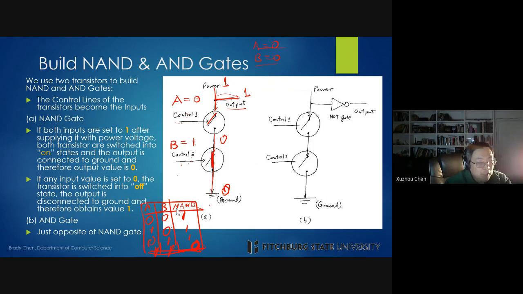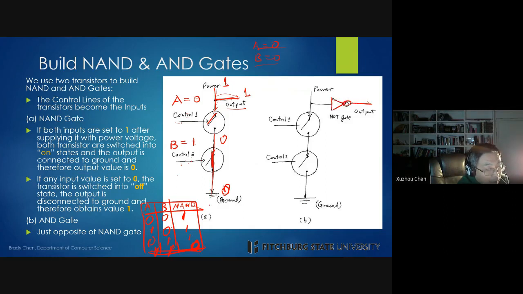Now this actually built the NAND gate. Now it's easy to build the AND gate, because we already know how to build a NOT gate, so you can just put the NOT gate on the output side.